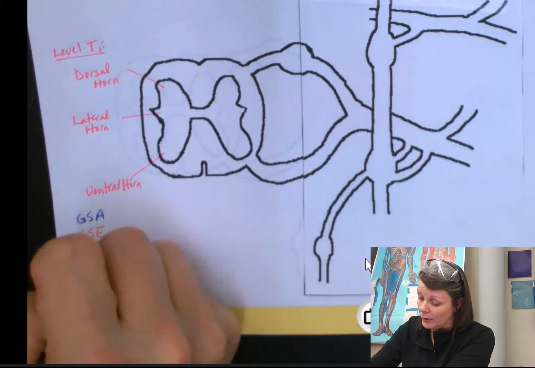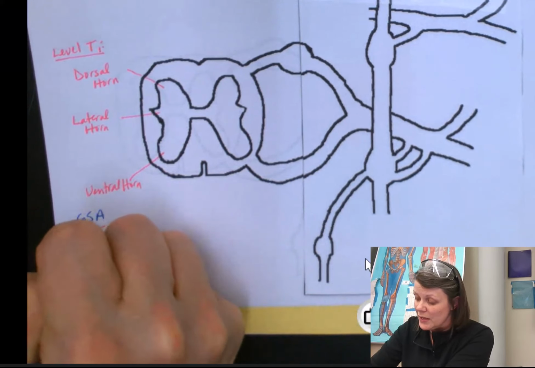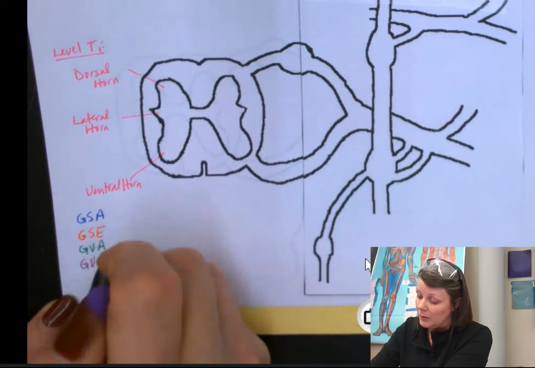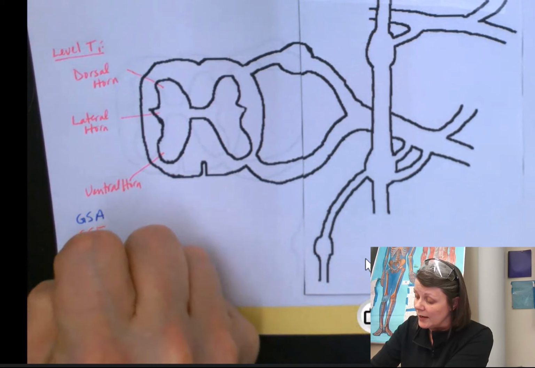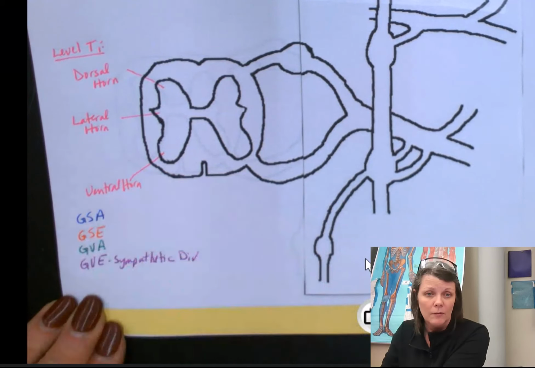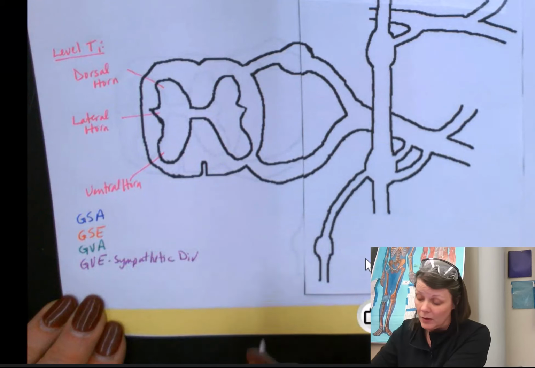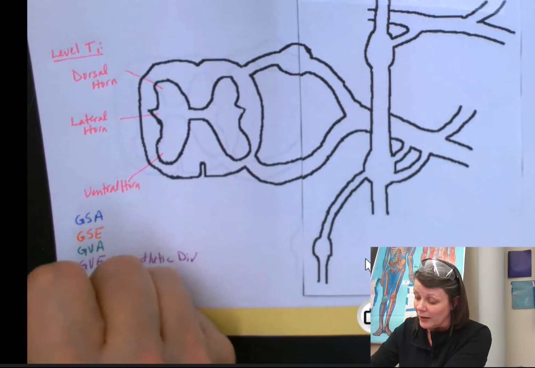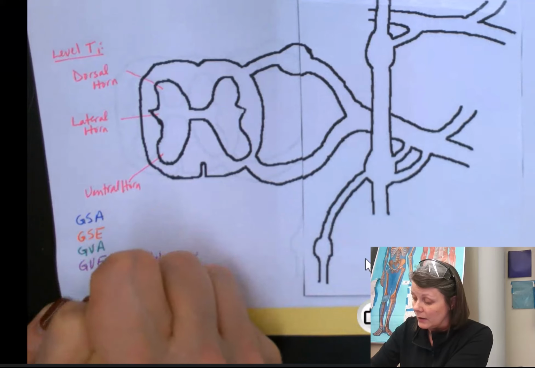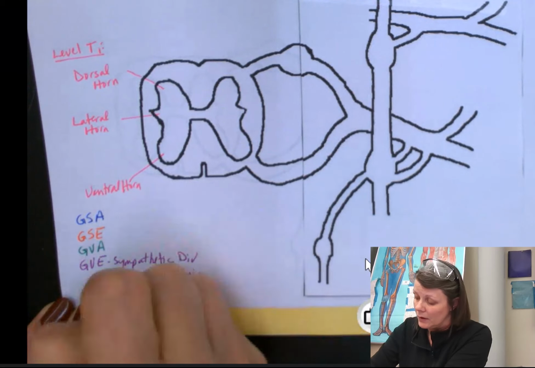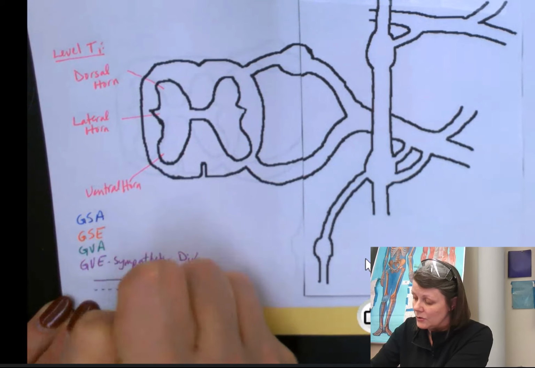And then in purple is going to be the GVE neurons. And because I'm specifically focusing on the sympathetic division because of my spinal levels, I'm going to represent my preganglionic as a solid line, and a dashed line is going to be my postganglionic neuron.